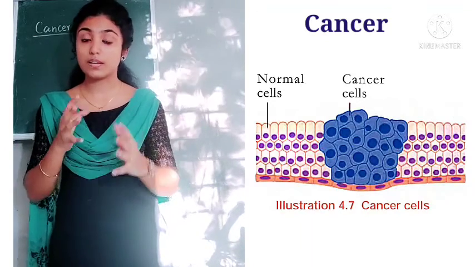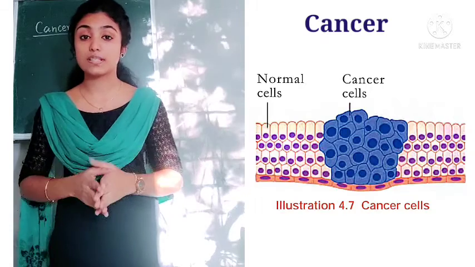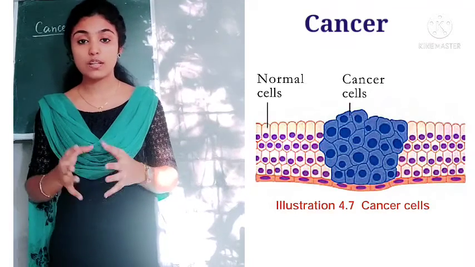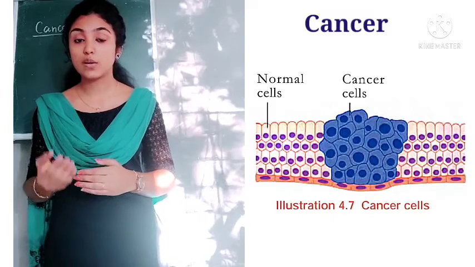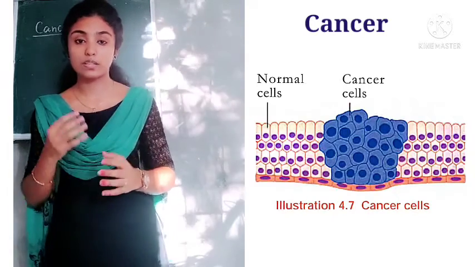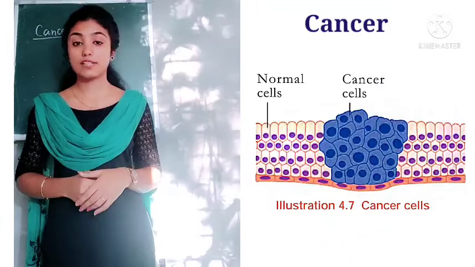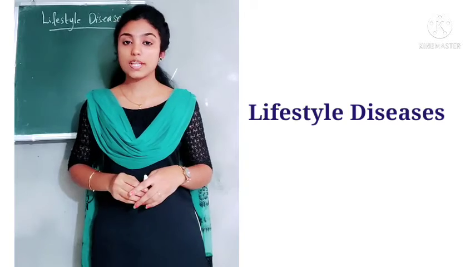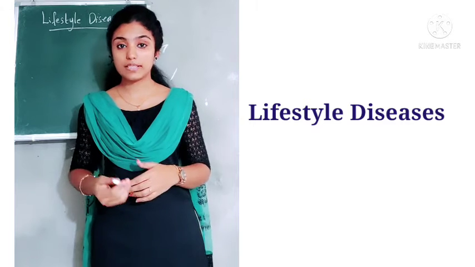So it is easier to diagnose the disease earlier. It is the best solution for curing the disease. If we diagnose cancer earlier, we have hope to cure the problem, and we know that prevention is better than cure.